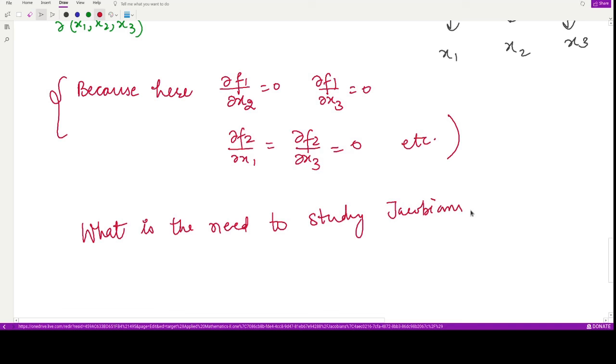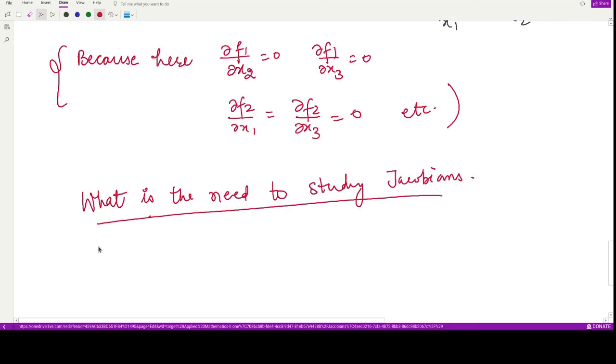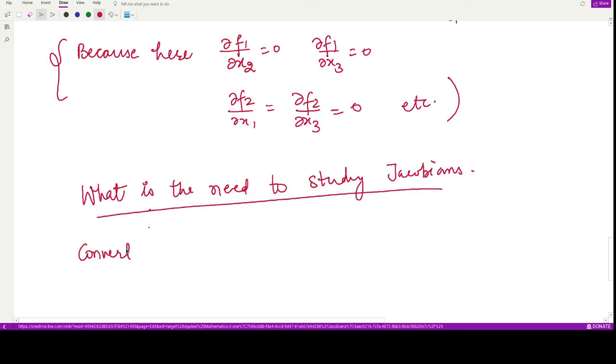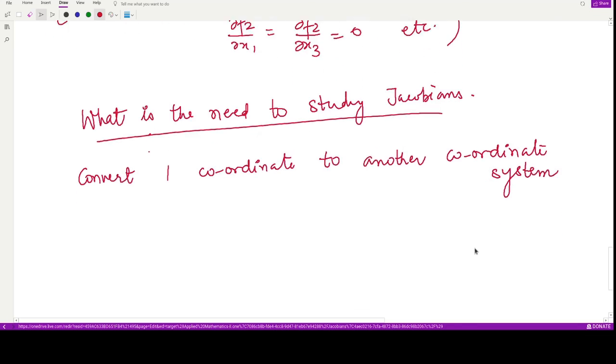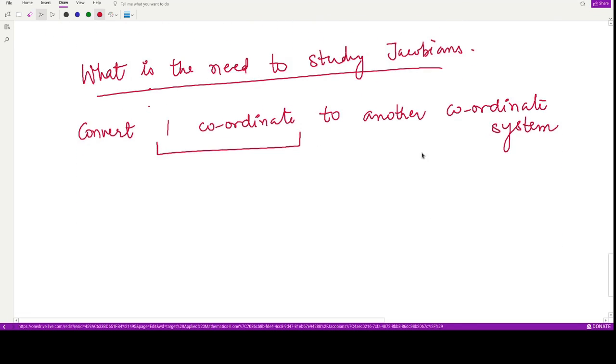In many engineering applications, when you convert from one coordinate system to another coordinate system, you need to see what change occurs when you move from one coordinate system to another. That is what the Jacobian tells you.